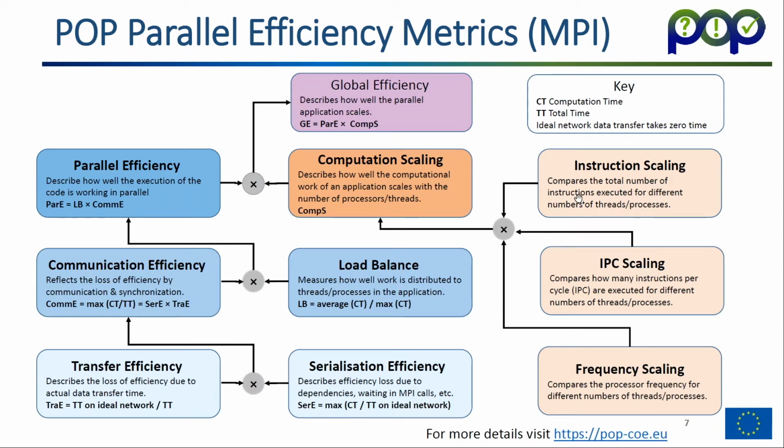So we have different scaling factors that are all relative to a base configuration. That could be a single process, but typically it's the processes running on a single compute node. And then we can compare how the execution performance changes, how the scaling changes as we use 2 nodes, 4 nodes, 8 nodes, or as we go up to many hundreds and thousands of nodes.